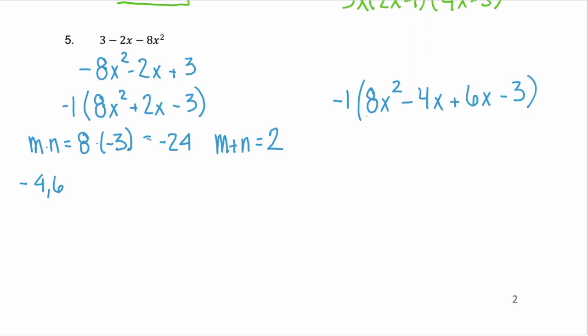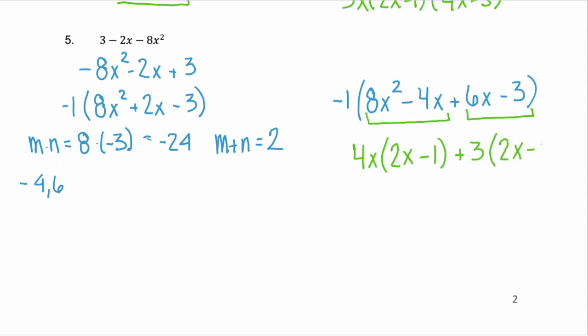Now, use the associative property to group your first two terms and your last two terms. The first two terms have a GCF of 4x. We factor that out, and we have the binomial 2x minus 1. The second grouping has a GCF of 3. Factor the 3 out, and you get that same binomial of 2x minus 1.